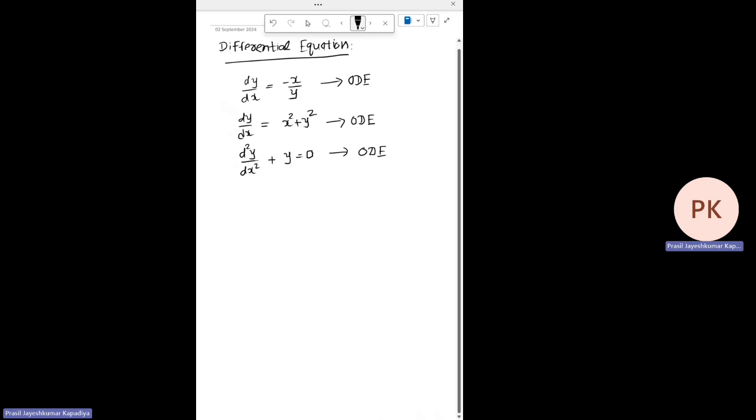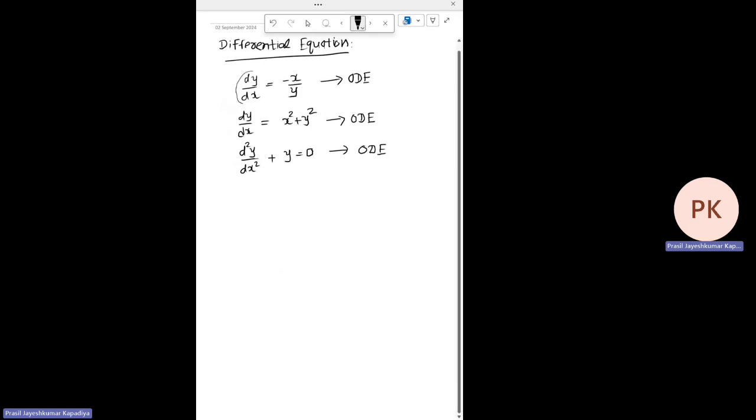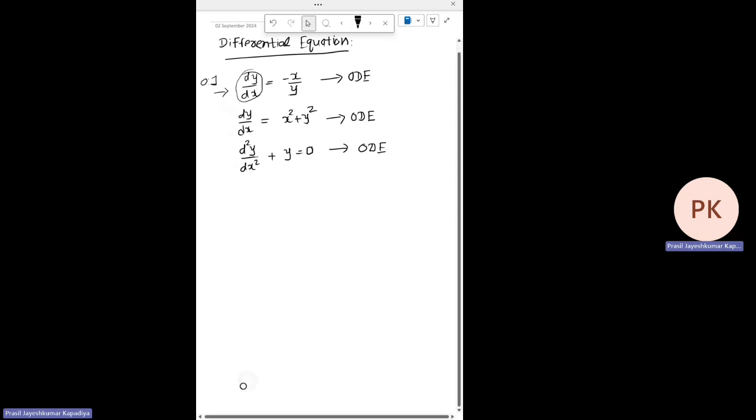Now what is the order of a differential equation? The order of a differential equation is the order of the highest order derivative in the equation. So here the highest order derivative is 1 only, so this is order 1. Here also the same, 1, and here order 2.